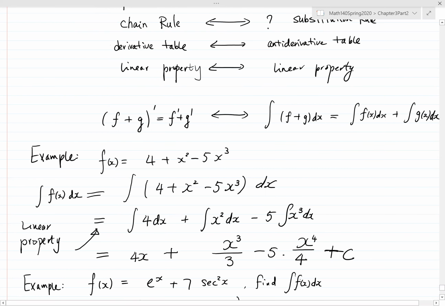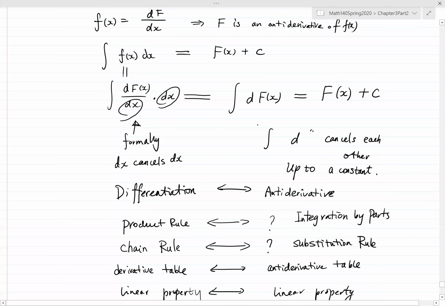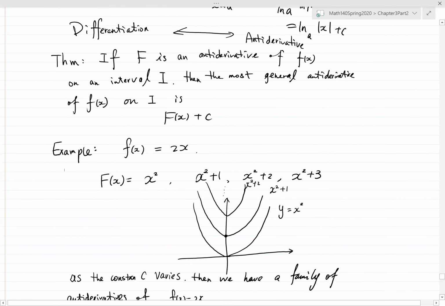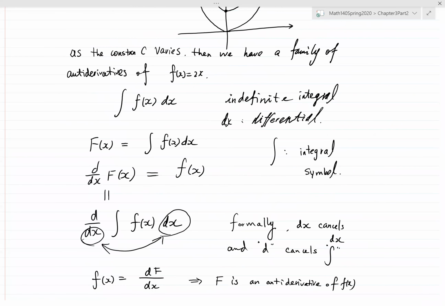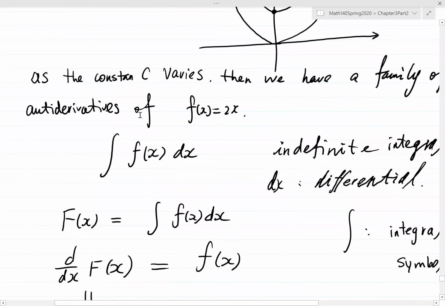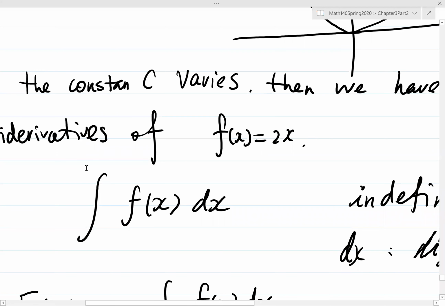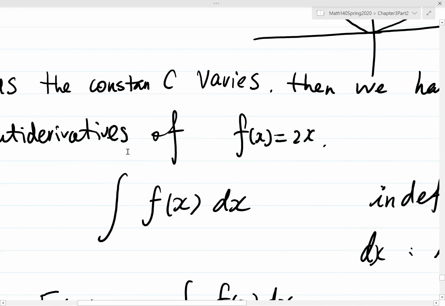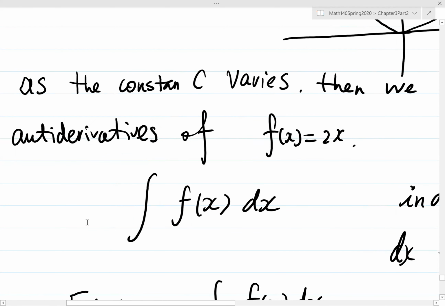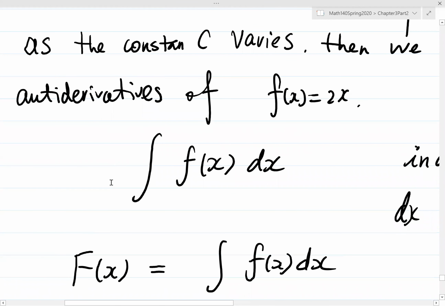Okay, we introduced the notation for antiderivative here. This notation is defined as antiderivative.